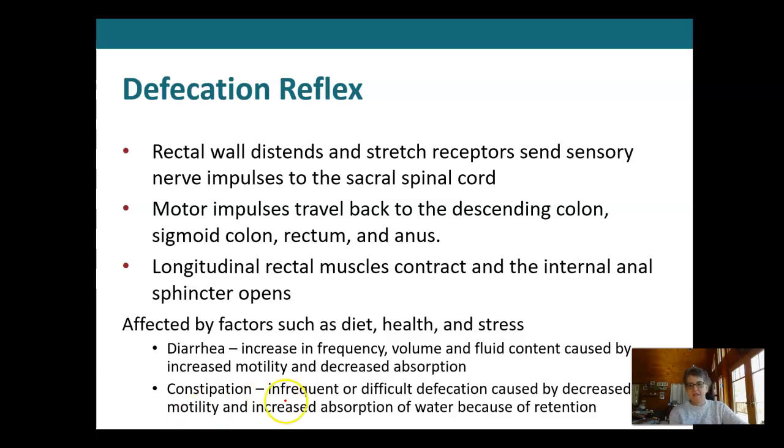What I do want to talk about is that our reflex is affected by how well you're taking care of yourself, right? If you are stressed out and maybe decreasing your motility, you're going to get constipated.